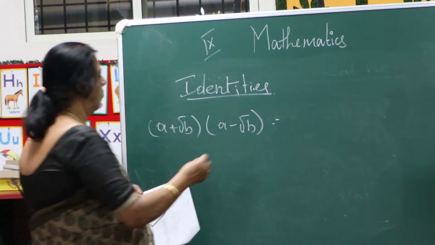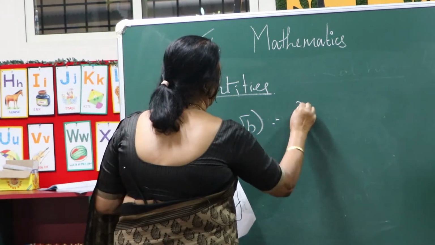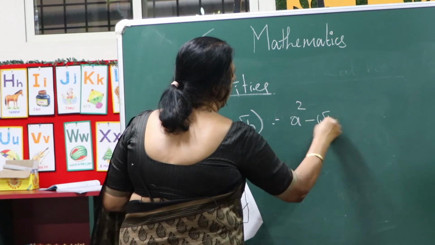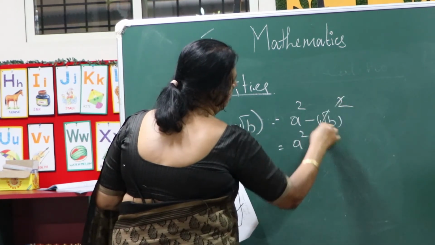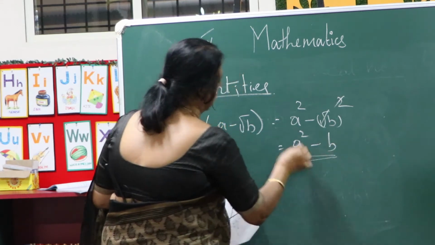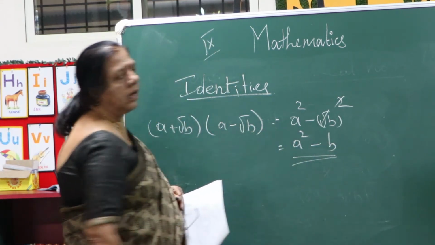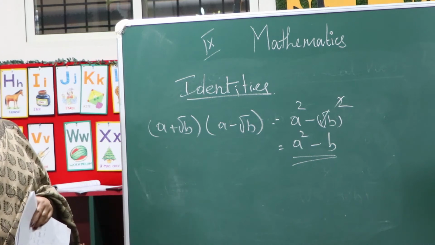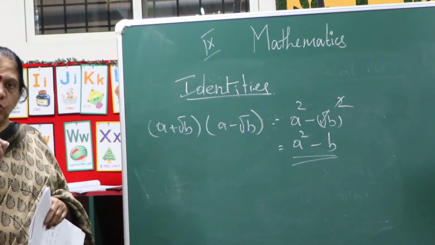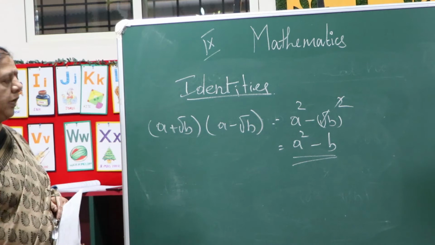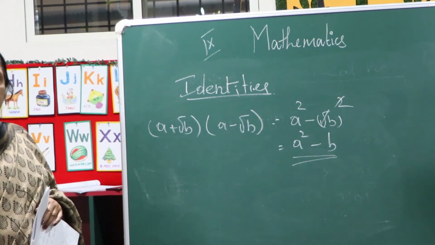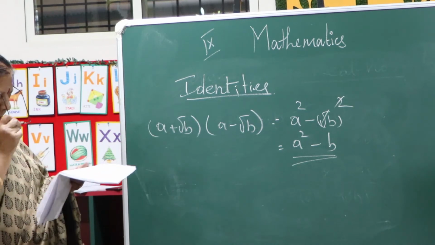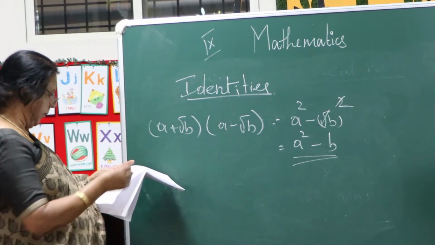Same formula: a square minus root b whole square. The result is a square minus b. This is LHS and RHS. Whenever you require while solving the problem, you can use these identities. Okay children?